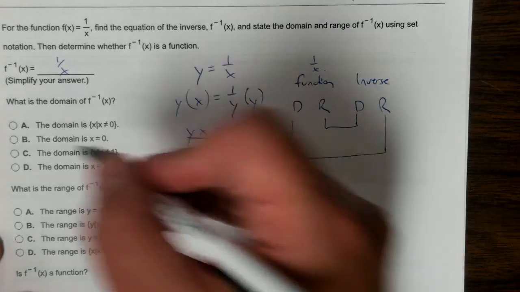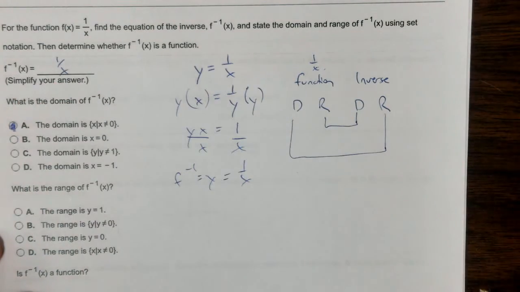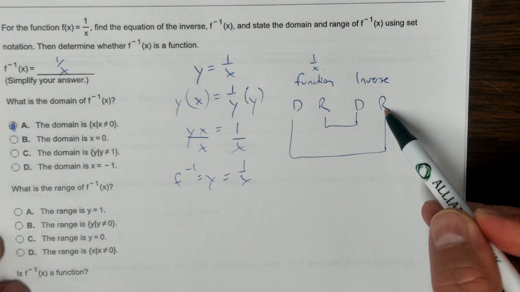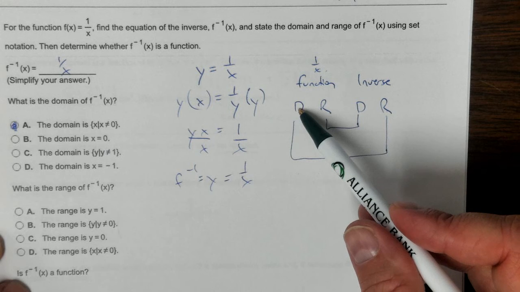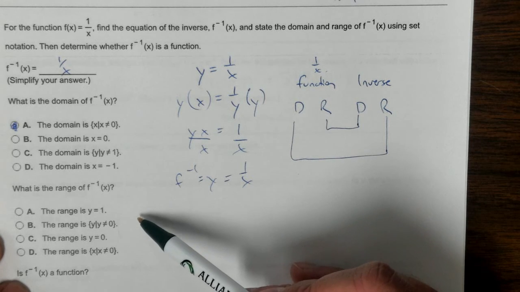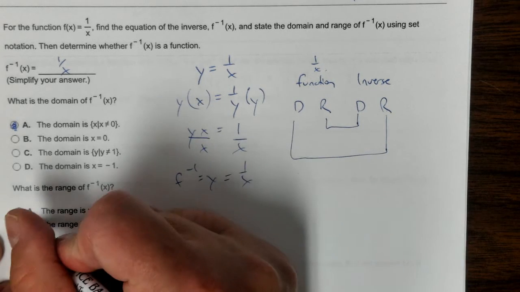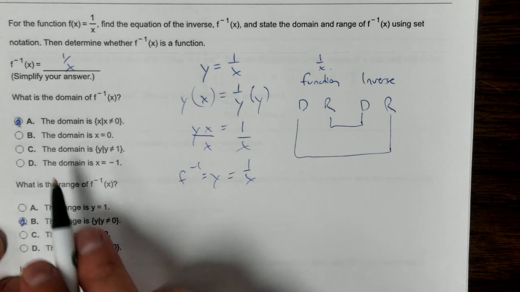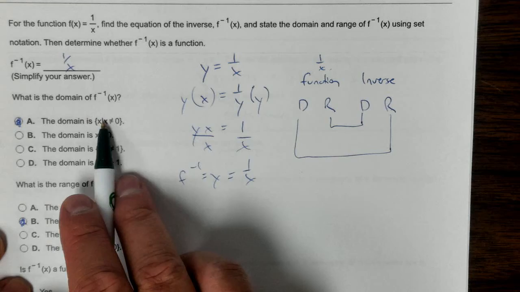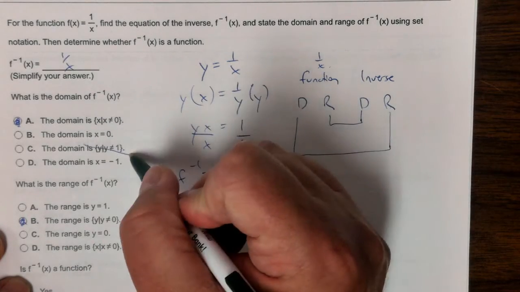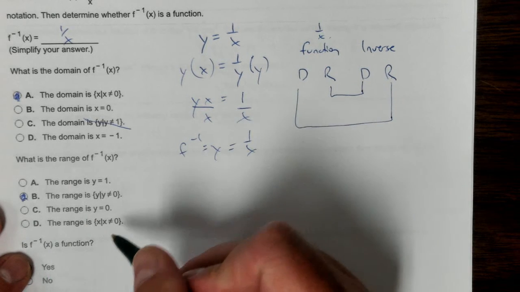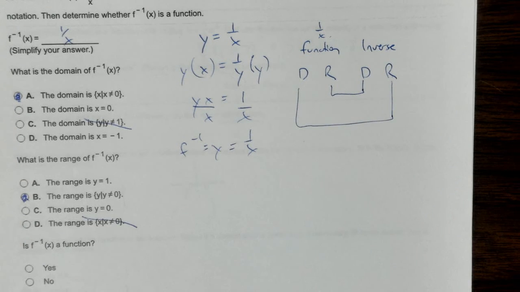And so that's A. And for our range of the inverse, it's like the range of the regular, so this would be y not 0. So if it's talking about domain, it would be x, not y. And if it's talking about range, it would be y, not x. It's an easy way to remember it.